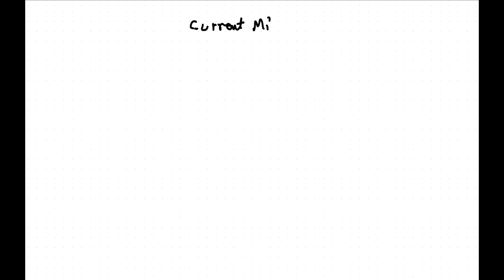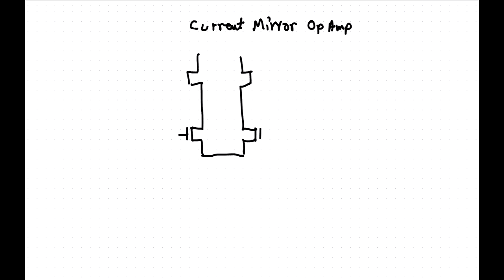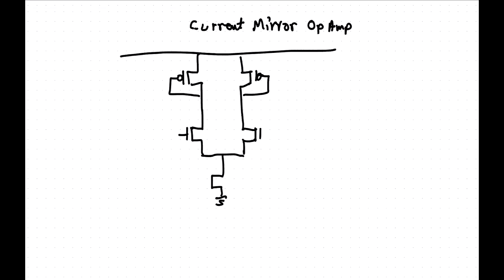What you do with this one is that you have a differential pair as per usual, with your input voltages V in 1 and V in 2 and a bias voltage, and then you essentially mirror the two outputs from the differential pair using a couple of current mirrors.